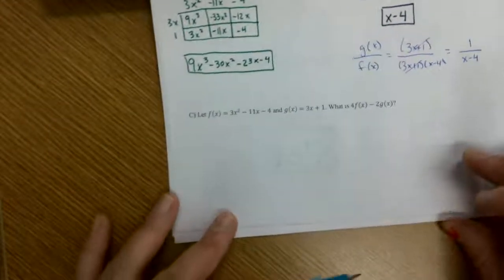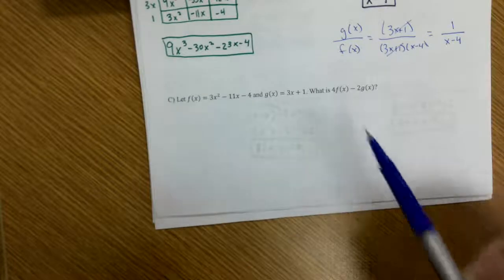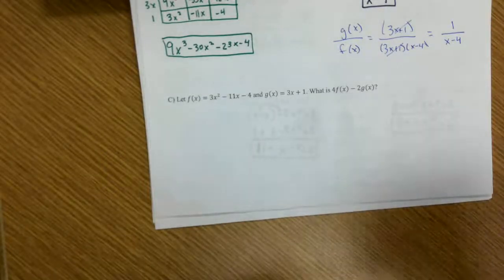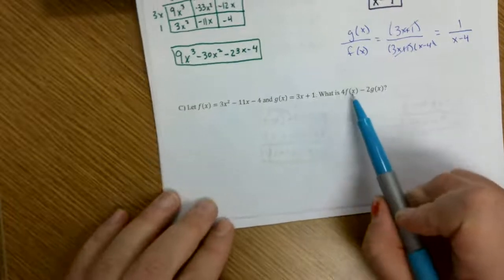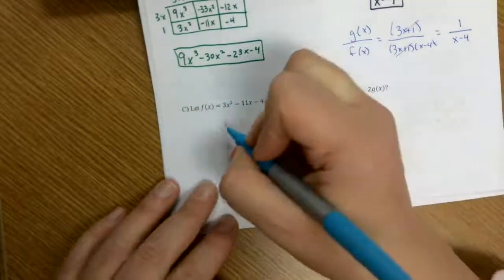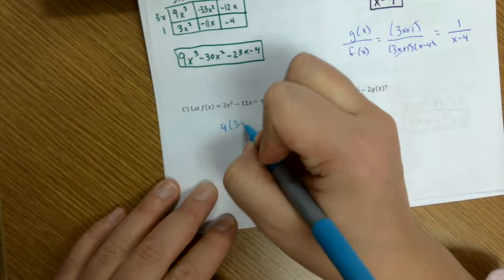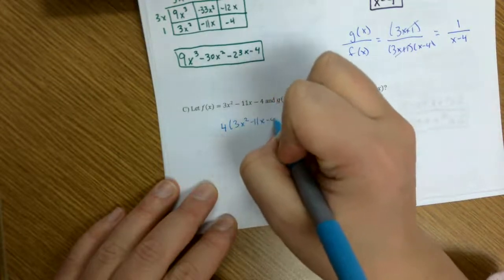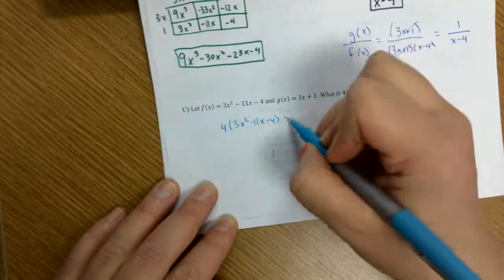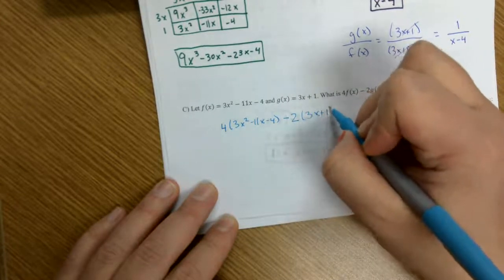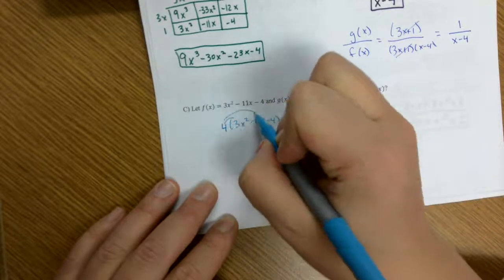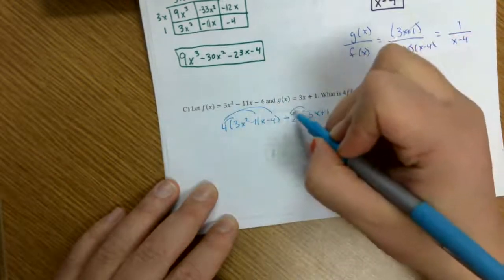And last but not least, what if we just had arithmetic with our functions? So if I'm looking at saying my function of f is here, my function of g is here. So it's saying 4 times my function of f. So I'm going to have a 4 times my function of f. And then subtract 2 times my function of g. So I'm going to distribute my 4 in and distribute my negative 2 in.